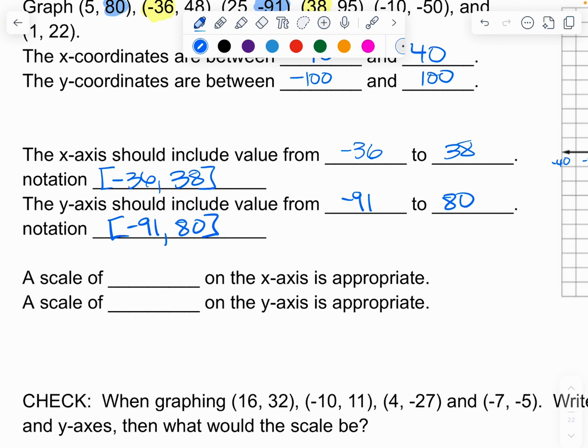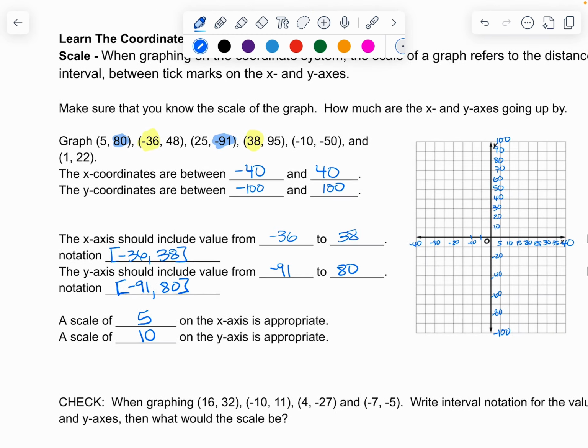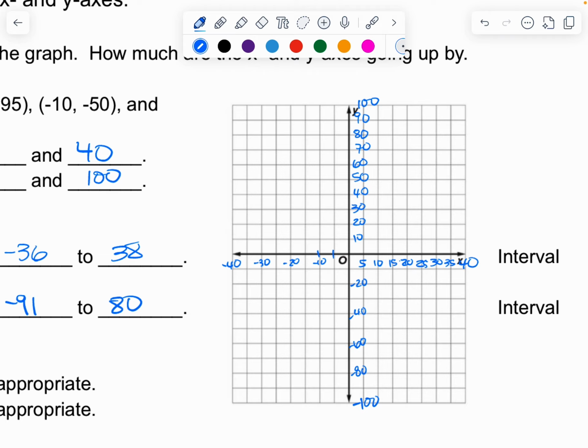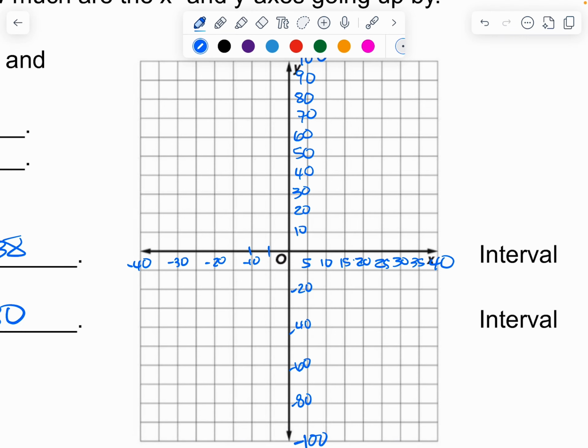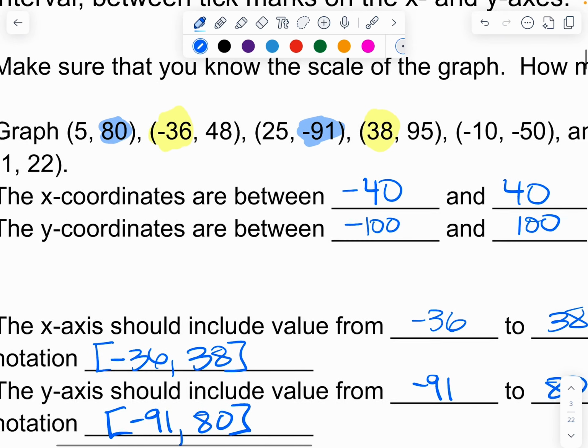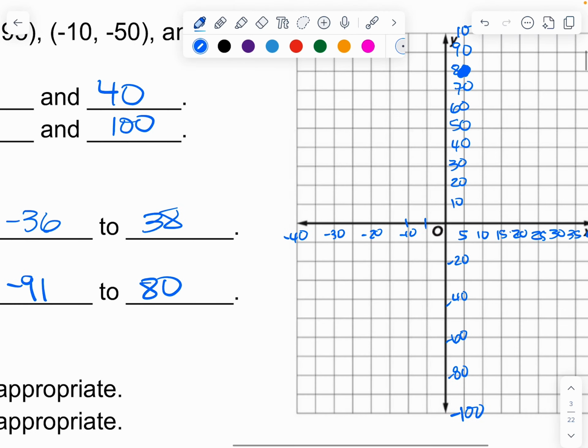So I'm going to say that we did by 5s on this one, and we did 10s on this one. Okay? Now, I have 580, so 580 would be up here. And then it says negative 36, 48.